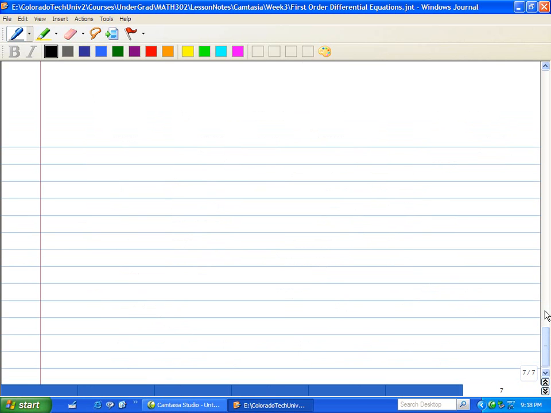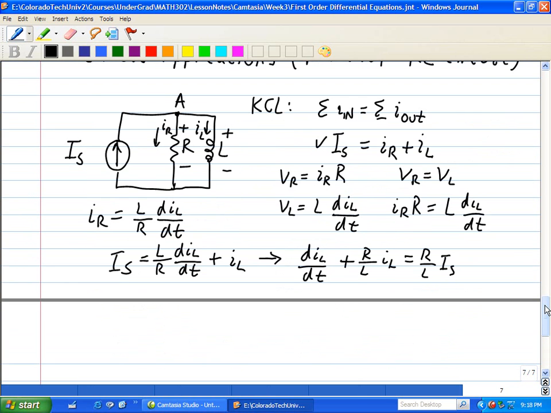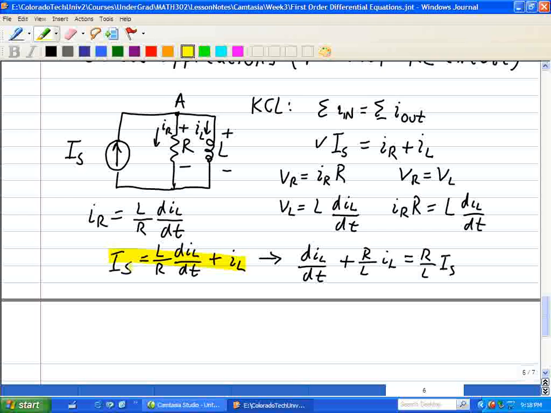Okay, so once we have that relationship, we just took this equation here and rearranged it, used algebra to get this first order differential equation in standard form.